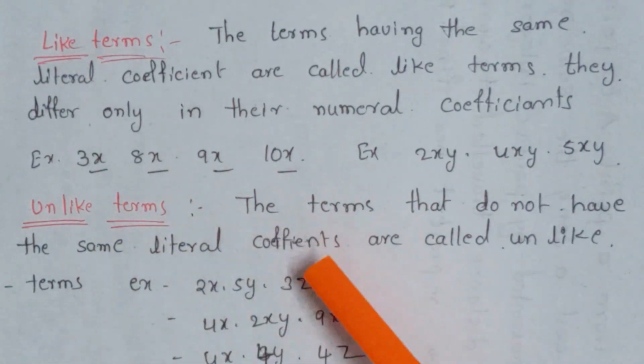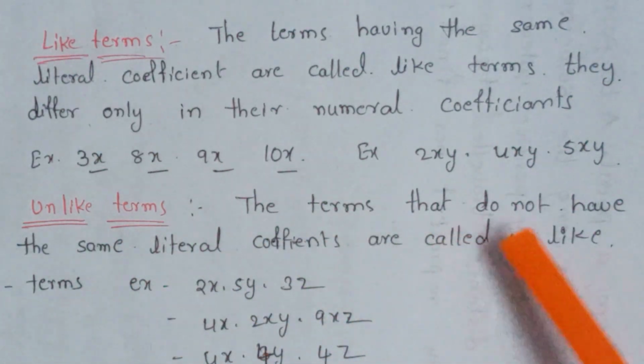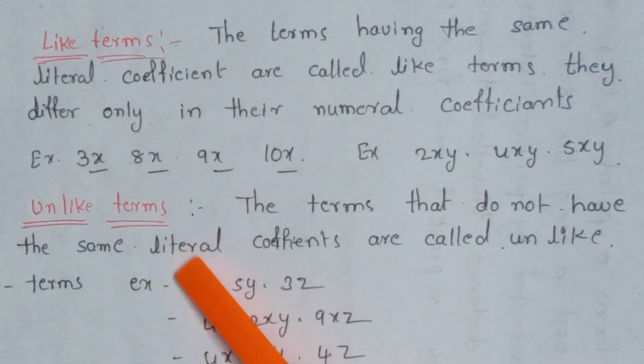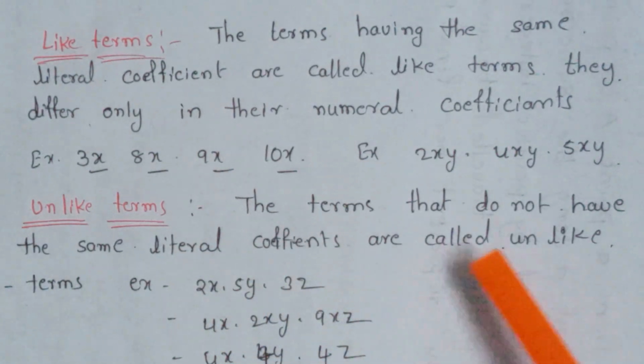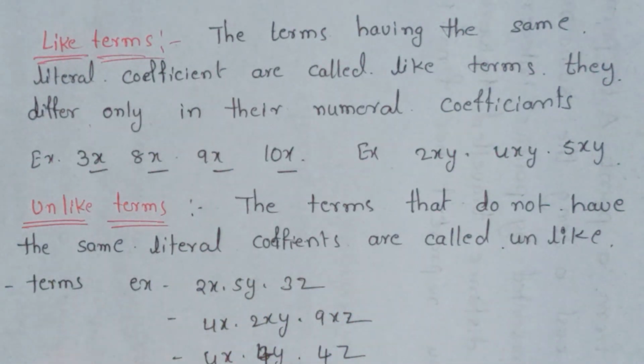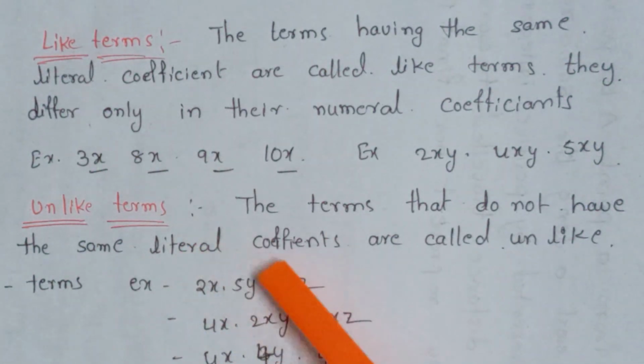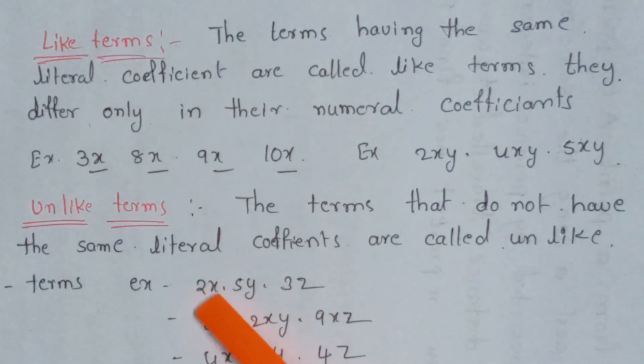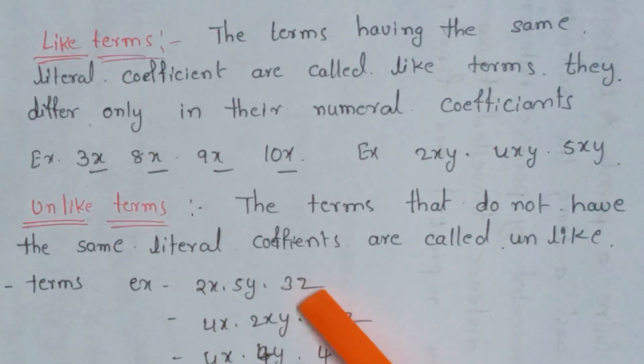Unlike terms are the terms that do not have the same literal coefficients. For example, 2x, 5y, 3z. Here the terms are different, and the literals are not the same: here x, here y, here z.